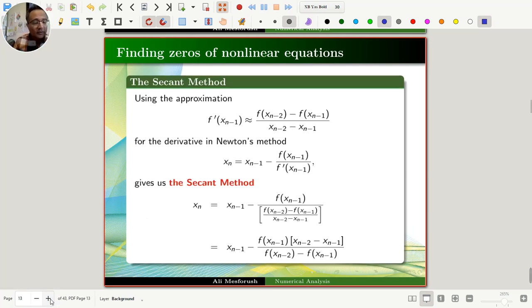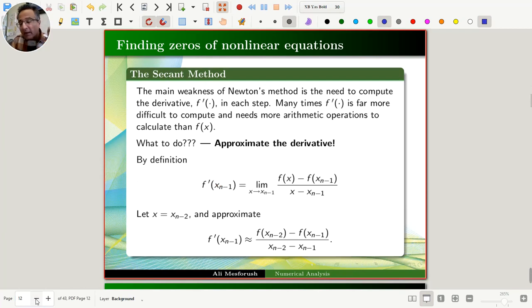The secant method is not as fast as the Newton method, but it's better than fixed point and bisection methods.